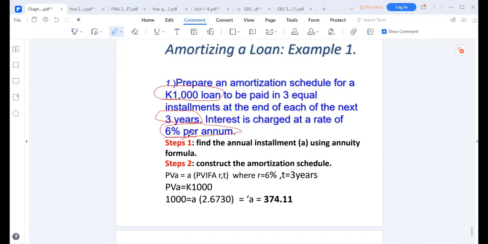So we need to find the repayment per period, given that data, and see that we end with a zero balance. We've got a 1,000 kwacha loan to be paid in 3 years at an interest rate of 6%.